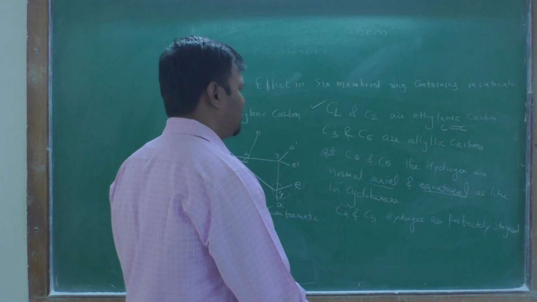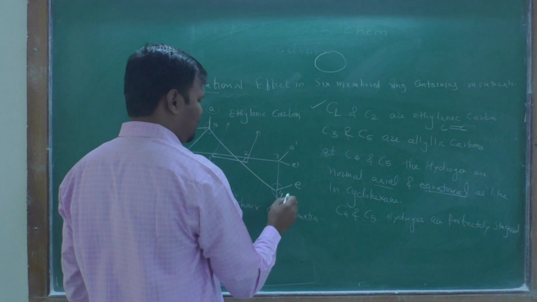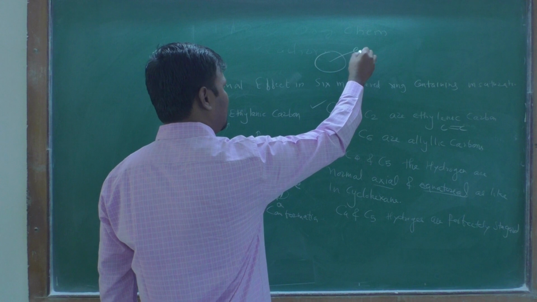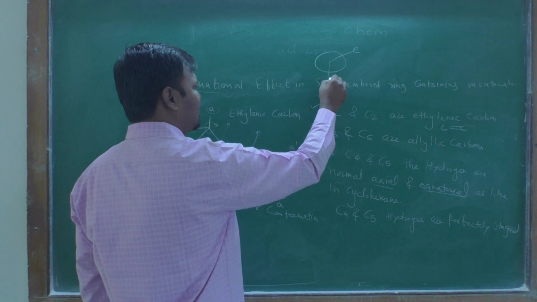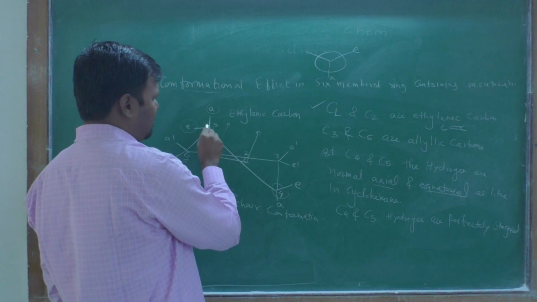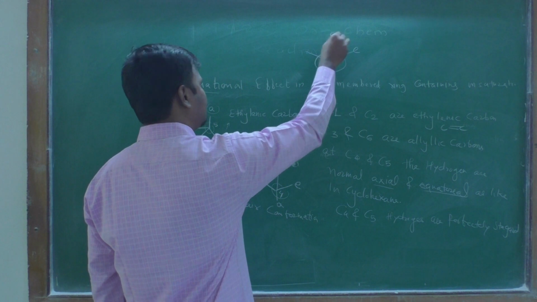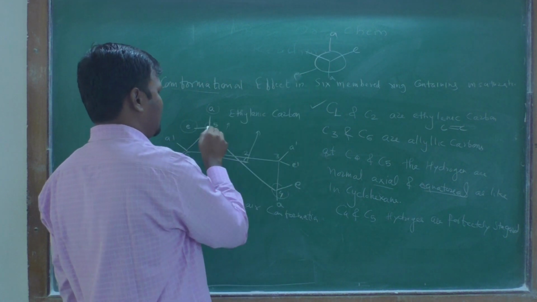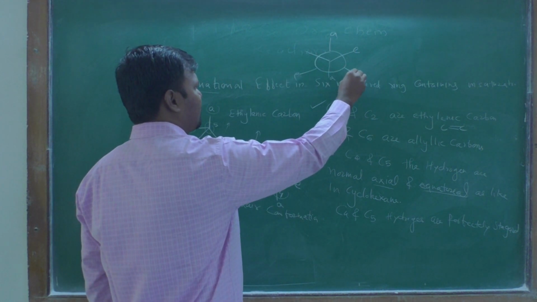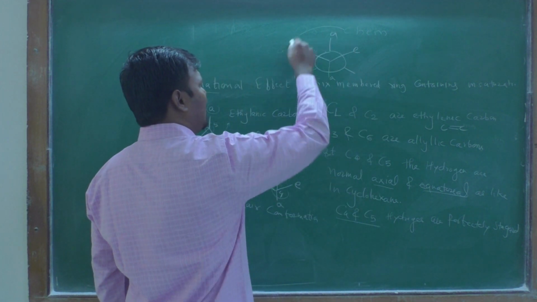You can show the staggered conformation like this: on this carbon there is an equatorial and a normal axial position, and on the carbon behind it there is a normal axial and a normal equatorial position. Therefore carbon numbers 4 and 5 are staggered to each other.